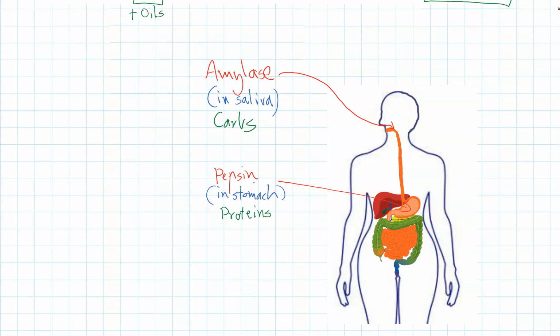And then when food moves to the start of the small intestine, a whole lot more enzymes are living in the small intestine. And in there we've got trypsin, and we've got lactase, and the other one, which is lipase.